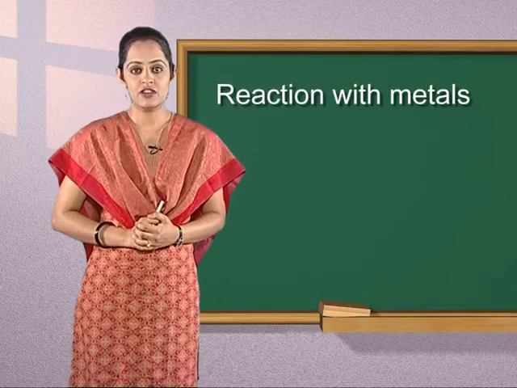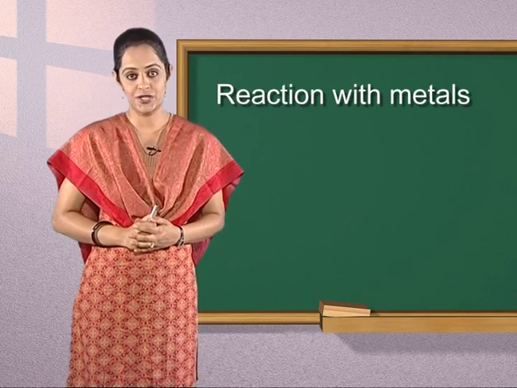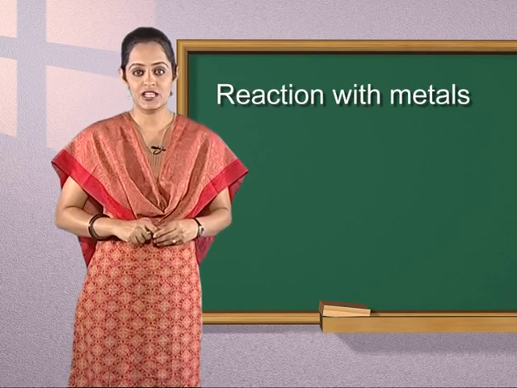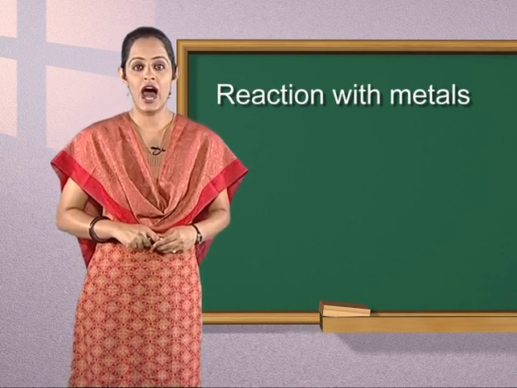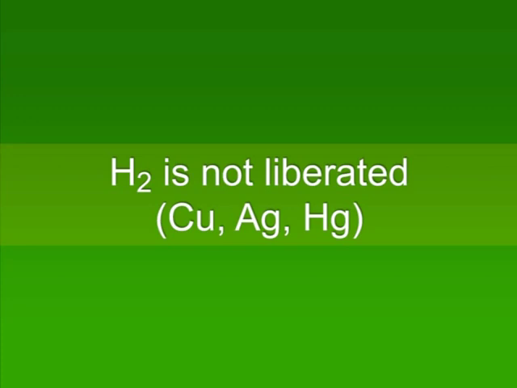Reaction with metals which are less electropositive than hydrogen. Metals less electropositive than hydrogen are copper, silver, mercury, etc. In this case, hydrogen is not liberated.